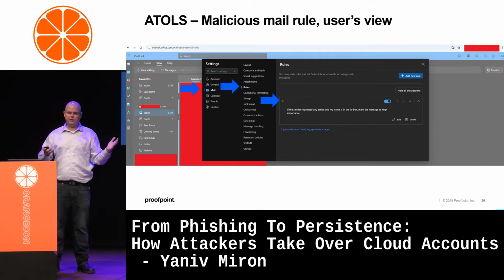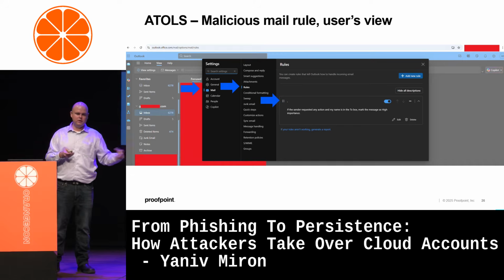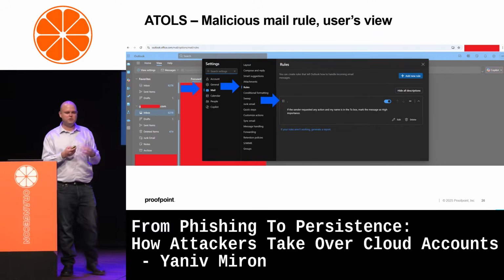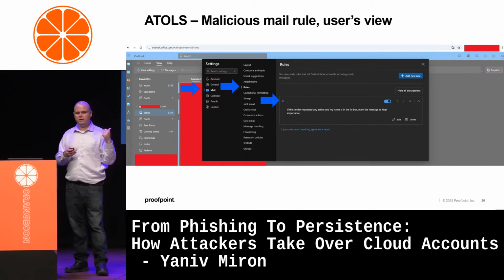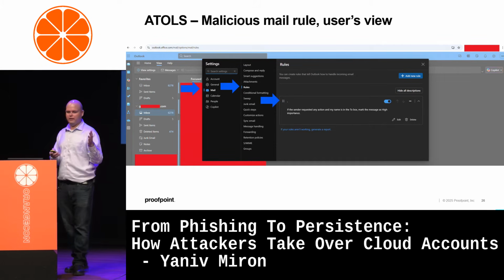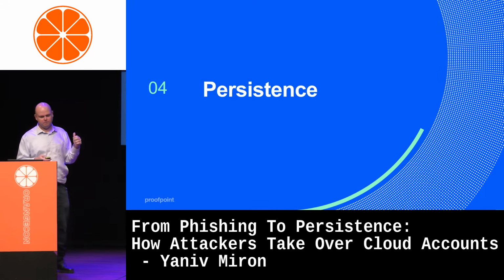I'm also offering you to add any mix of configurations to the email rules that you want. You can add different mail rules, pre-configured within the tool. You just need to run a PowerShell script, give it a list of accounts that you compromised, and you're going to be there for a while until they check their email rules.